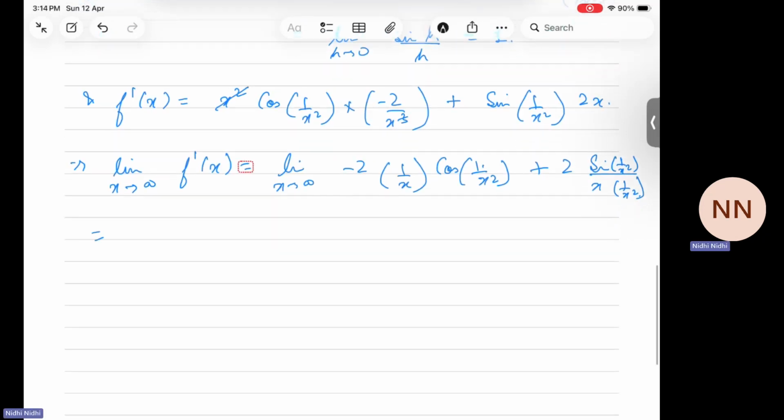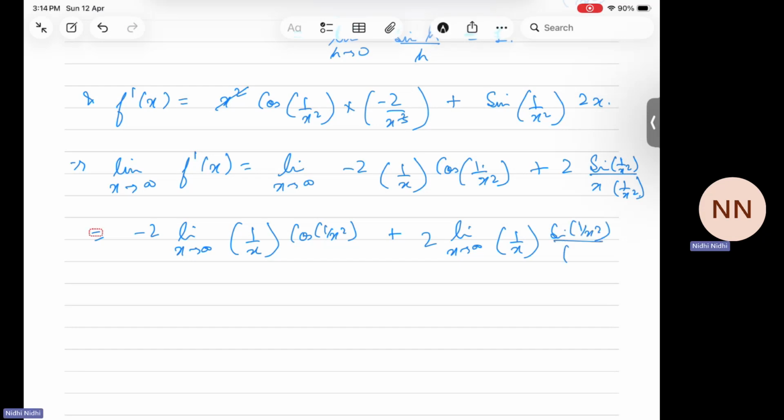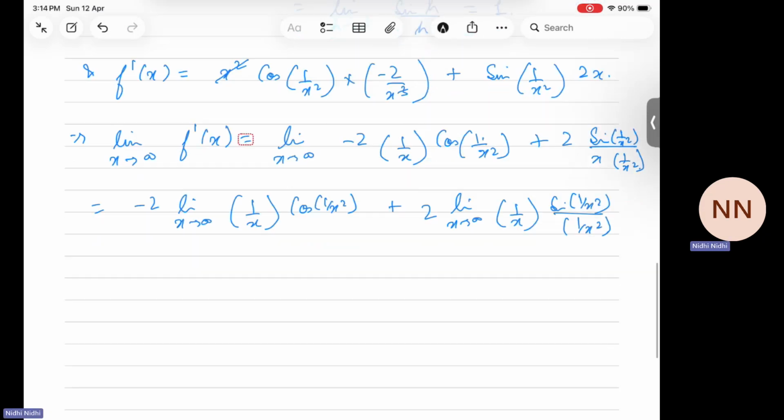So this will be minus 2 limit x tending to infinity 1 by x cos 1 by x square plus 2 limit x tending to infinity 1 by x sine 1 by x square 1 by x square.